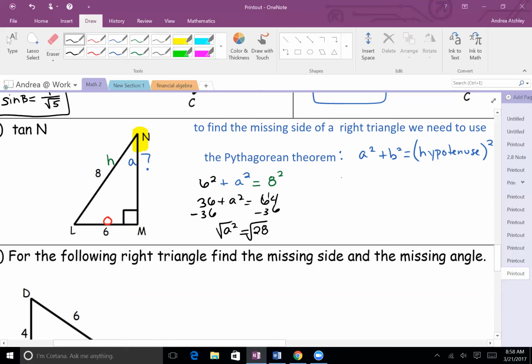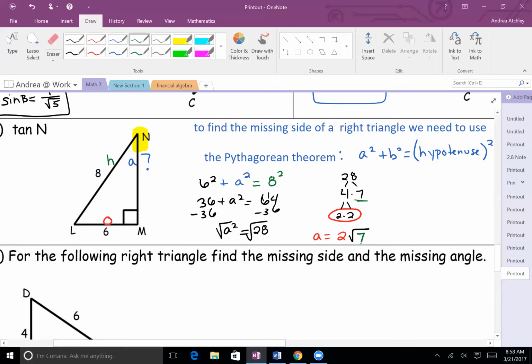Okay, we have to simplify 28. Find our pairs. So it's 4 times 7, then 2 times 2. Okay, let's review. For a radical, the pairs get outside the radical. So a is going to equal the 2 on the outside, square root, and what stays inside is the thing that doesn't have a pair.